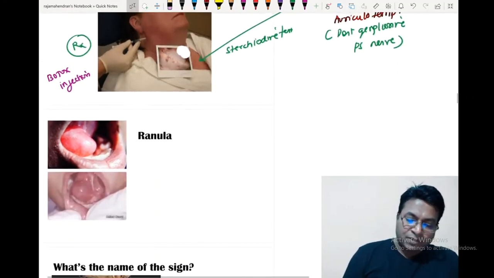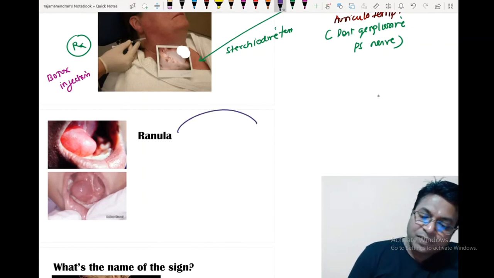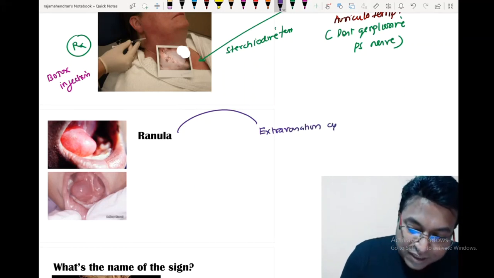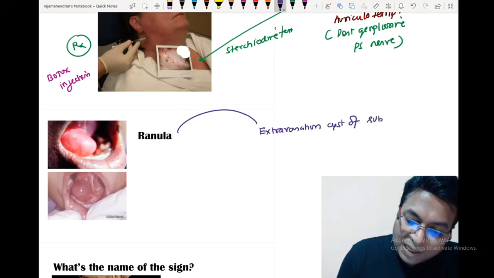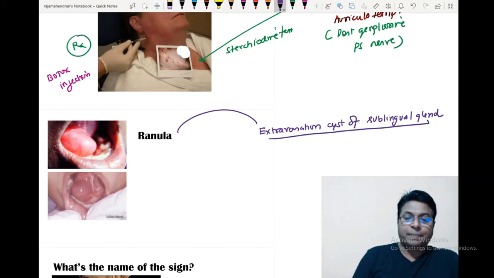The last image from this section, this topic, is ranula. Can you see? This is a ranula, which is an extravasation cyst of the sublingual gland. Please don't forget that.